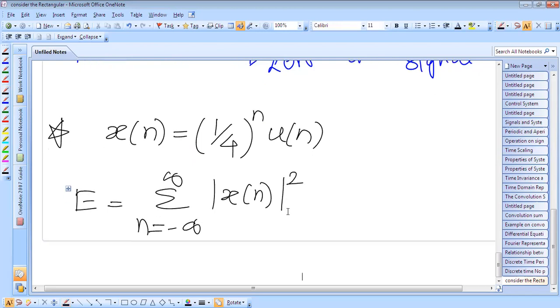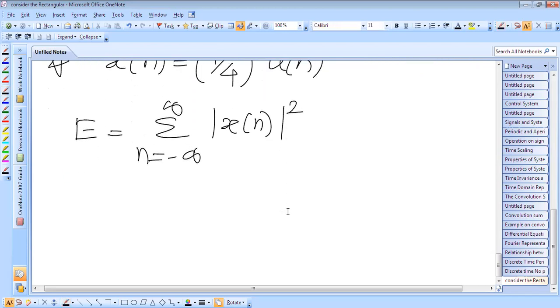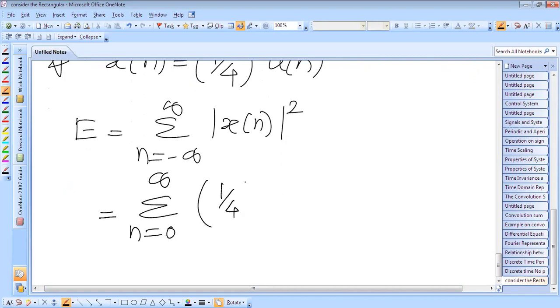The energy of the signal is given like this. Now we have to put these values n equal to 0 to infinity. X of n is 1 by 4 raised to n, square, and this is a unity function.